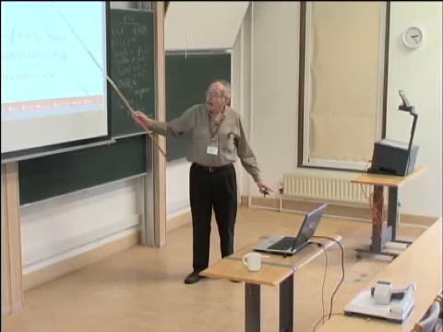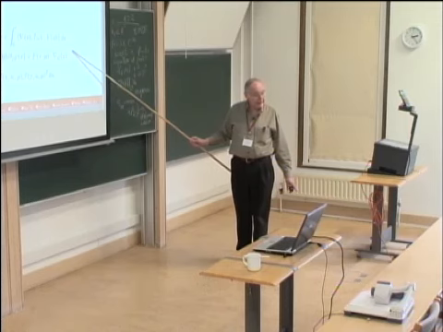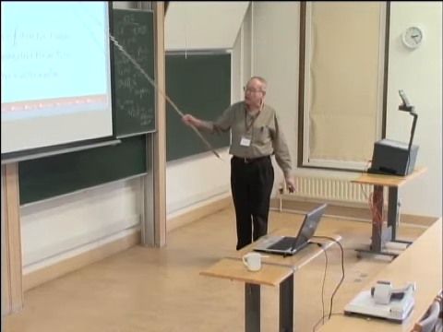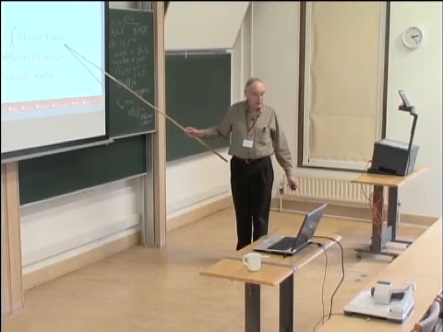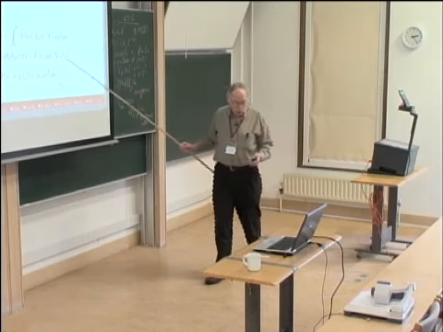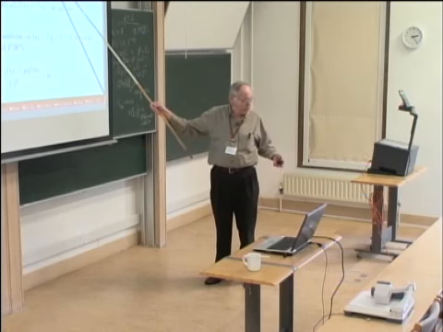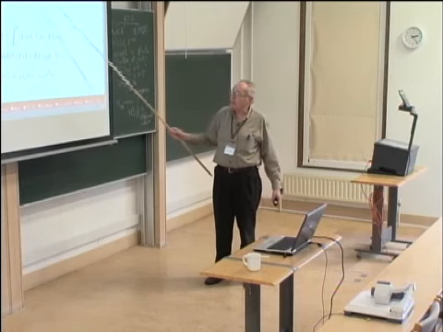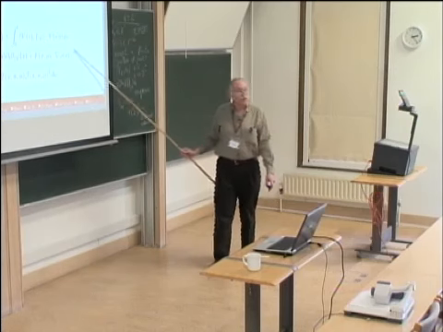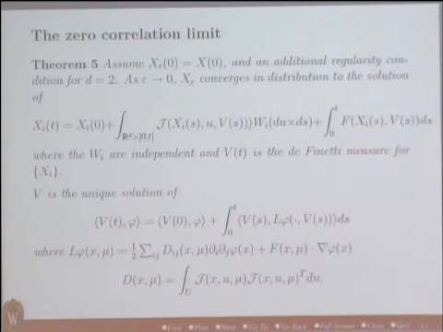And you end up with a standard-looking nonlinear PDE, and this is essentially the setup of the classical McKean-Vlasov equation. So what we're saying is that as this correlation distance goes to 0, the solution of the SPDE is converging to the solution of this nonlinear PDE. So let's see how we might prove something like that.